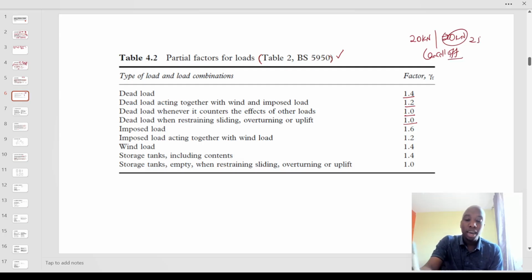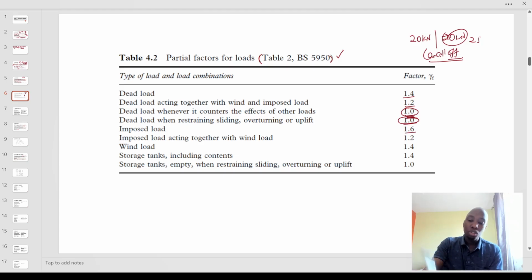So the factor of safety for uplift and overturning should be 1.0, because any increase, or if you make it a fraction or something else, it will now slide the other way around. So you provide a force that is equal to that magnitude by which it is acting against.